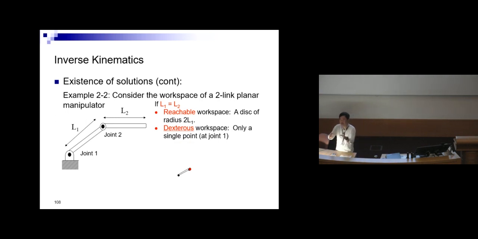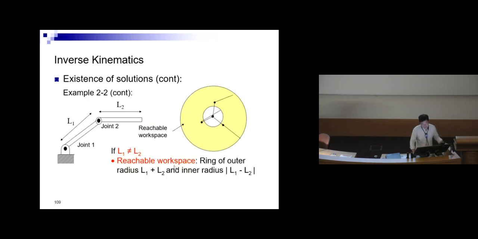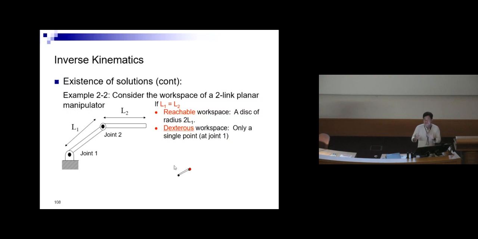We need to know the concepts of textureless workspace and reachable workspace, because if a point is in the textureless workspace, meaning that you can reach it in all orientations, the chances of avoiding an obstacle will be higher. If there's a workspace that you can only reach in one way, it will limit the solutions that you have.